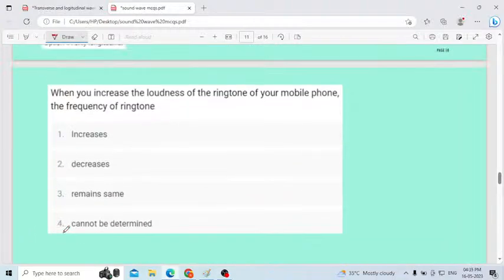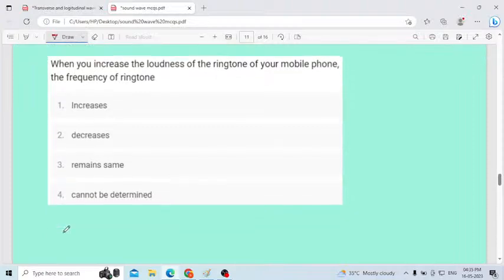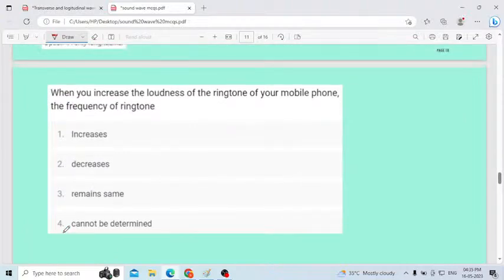Next question. When you increase the loudness of the ringtone of your mobile phone, the frequency of the ringtone: does it increase, decrease, remain the same, or cannot be determined? It will remain the same, because when you increase the loudness, amplitude increases, then intensity of sound increases.